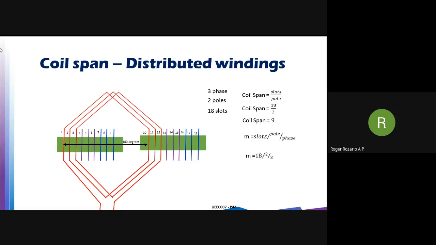Because the winding is distributed in these 18 slots, the EMF induced in each winding will be displaced from each other by the slot angle. We have already seen the slot angle is 20 degrees in the previous example. So the EMF induced in the coil in the first slot will differ from the EMF induced in the coil in the second slot by the slot angle of 20 degrees.